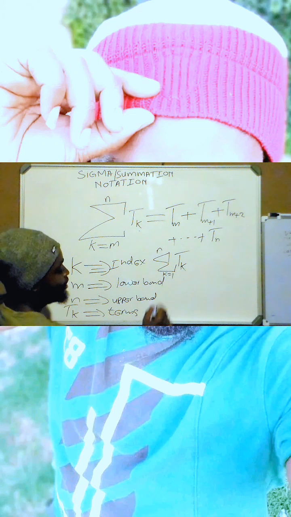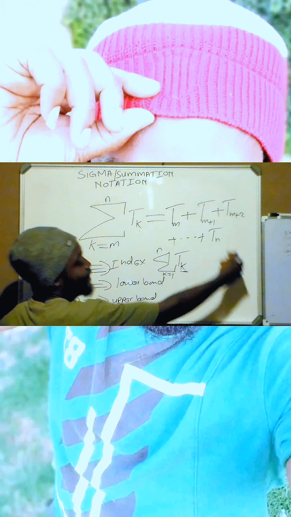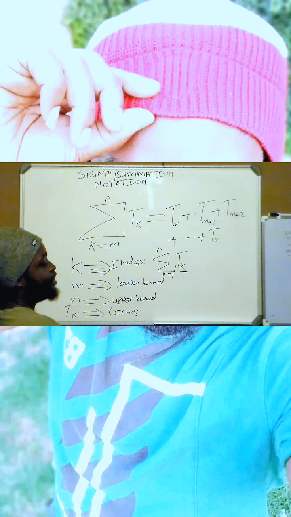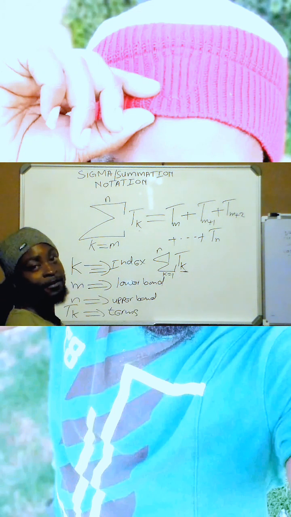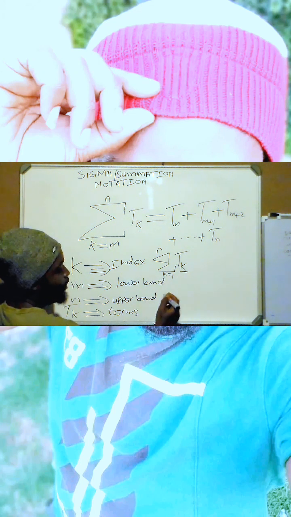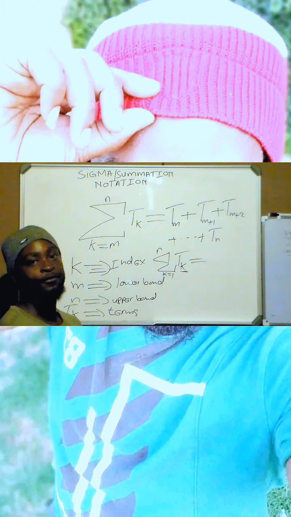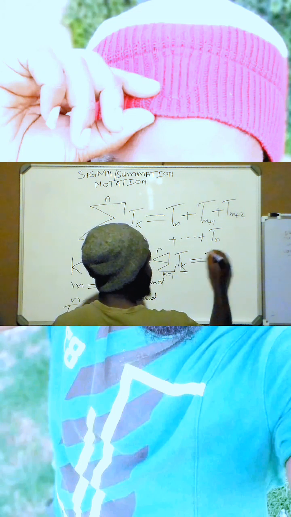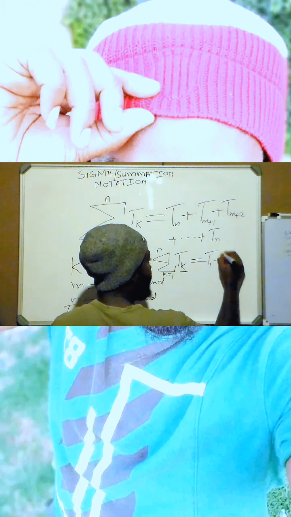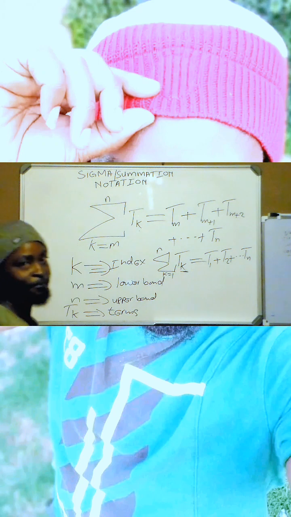What you should notice, guys, is that if the index is K here, the expression written to the right of the summation notation should also be in terms of K, right? So if our lower bound is equal to 1, the sequence will start from 1 to N with increments of 1. So we'll have T_1 plus T_2 plus all the way to the nth term.